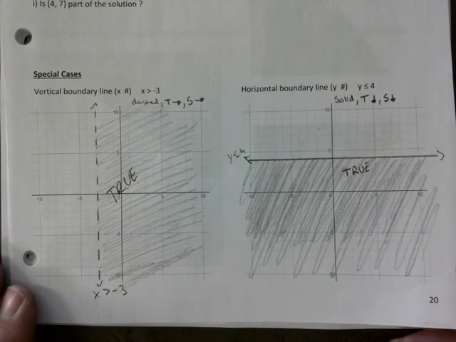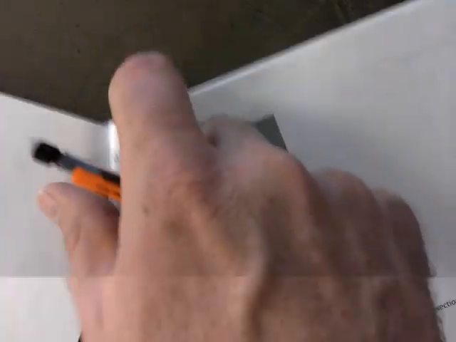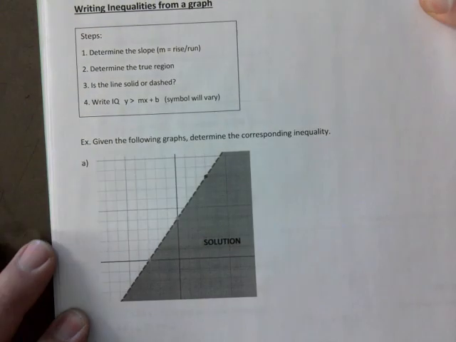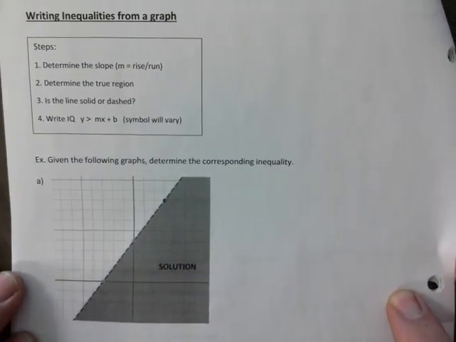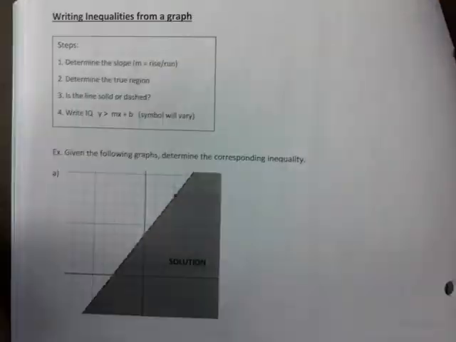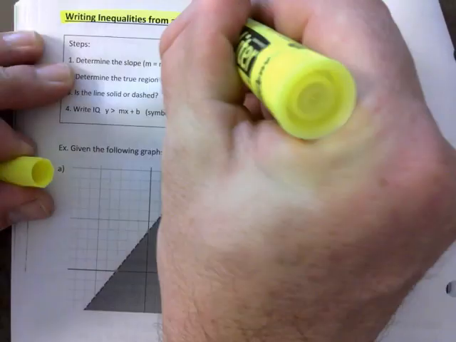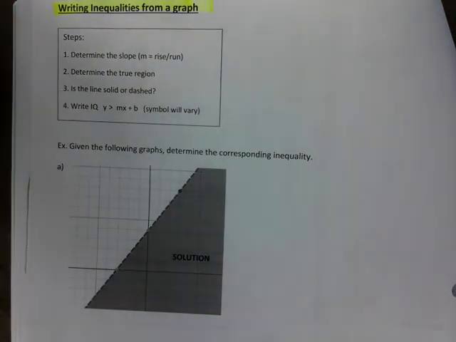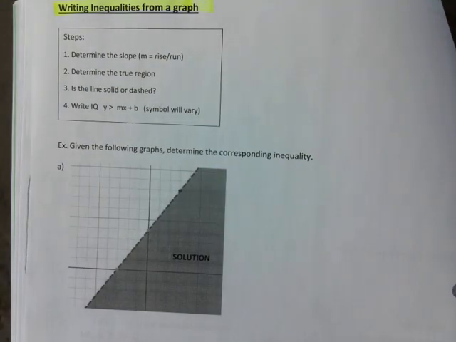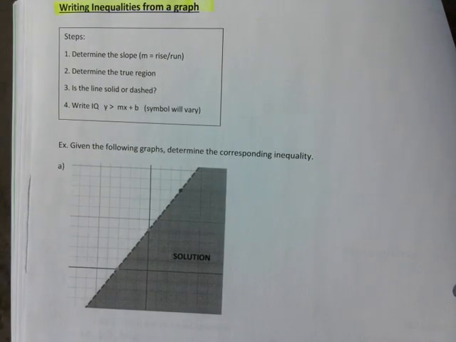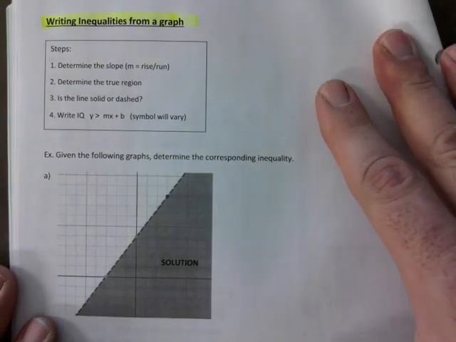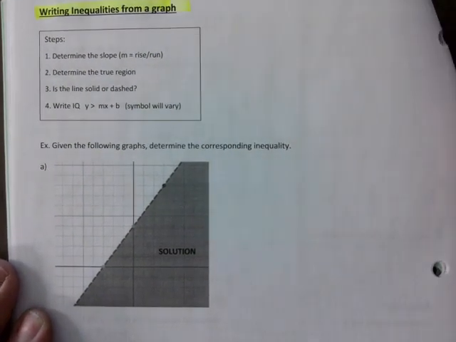So I want to have some examples where we go backwards. So let's go to page 21. This is very important. I would highlight the top because I call these backwards, like you're going from the graph to actually writing the inequality.